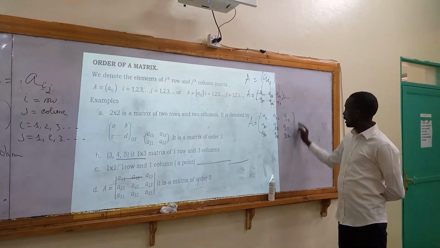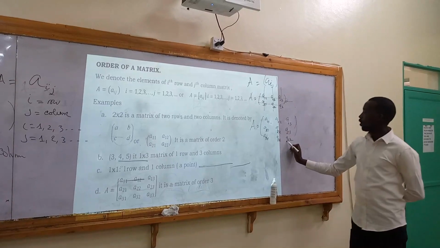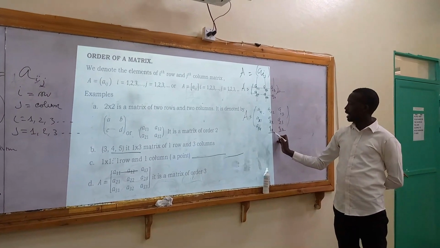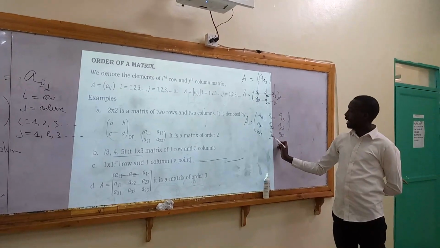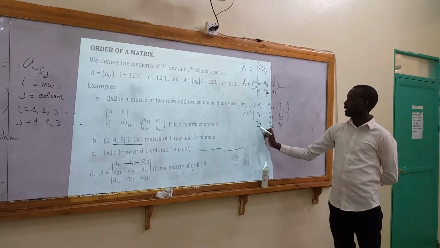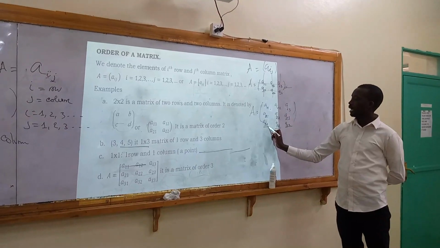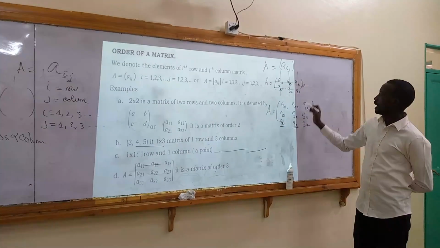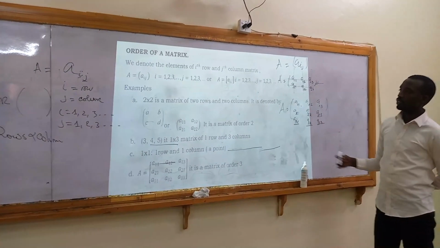This means that a33 is an element on the third row, third column. This is an element on the third row, second column. This one is an element on the third row, first column. So this is how we denote a matrix.